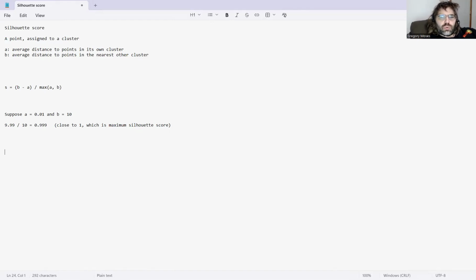Now suppose that A equals 1 and B equals 1. This is a bad case. This says that this point in this cluster is just as close to the points in the second cluster as it is to points in its own cluster.